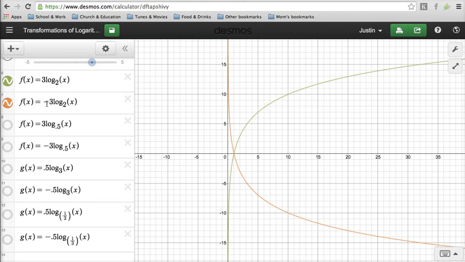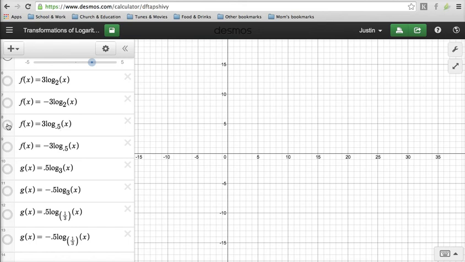This one is the negative of the one above it. So it's just going to be flipped, reflected across the x-axis. That's what this negative serves to do. Now let's look at these next two. It's 3 times log base 1/2 of x.